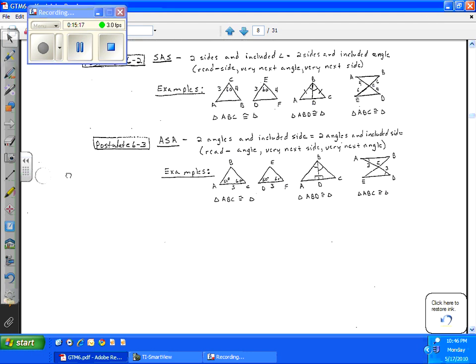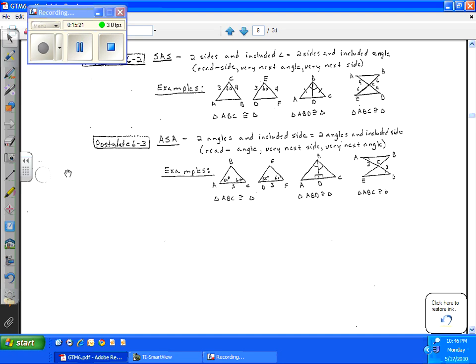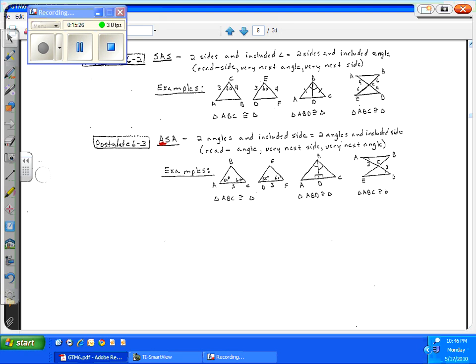The third way we're going to take a look at proving that two triangles are congruent is by angle, side, angle. Now, angle, side, angle says if two angles and an included side of one triangle is equal to two angles and an included side of another, then we can say that they are congruent by angle, side, angle.